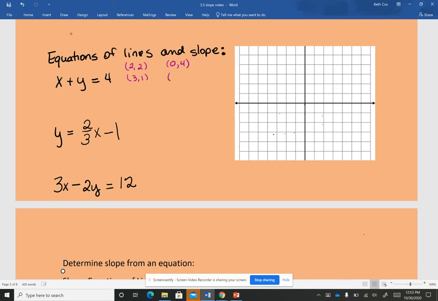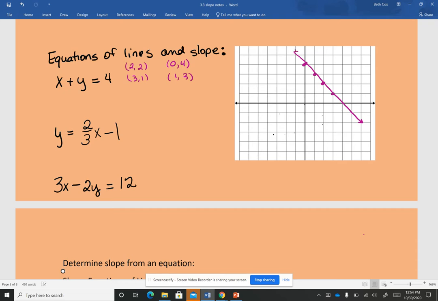We can do as many as we want, but we're going to graph it. These are all solutions, all points on the line, so I can dot those: (2, 2), (3, 1), (0, 4), and (1, 3). And I'm going to connect my dots.